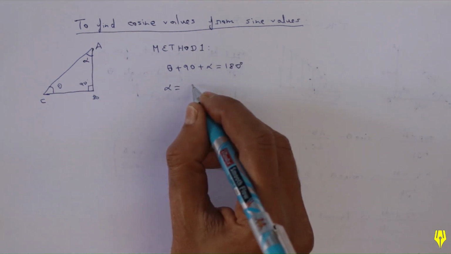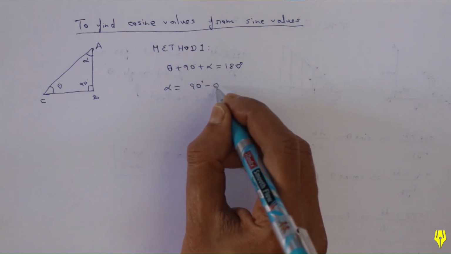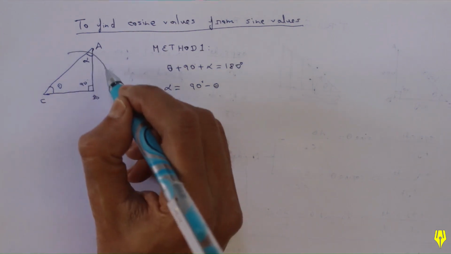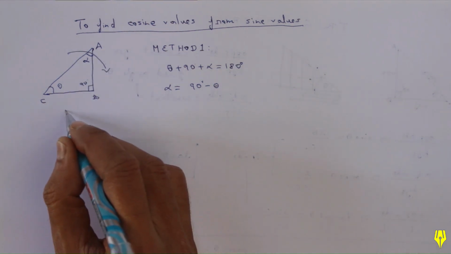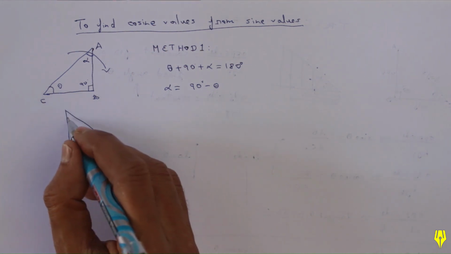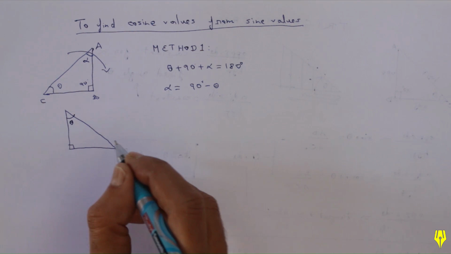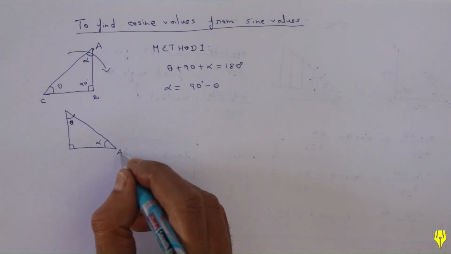Then what is alpha? Alpha is 180 minus 90 minus theta. Just for the sake of solving, let us turn this triangle by 90 degrees. So theta has gone up and alpha is down.